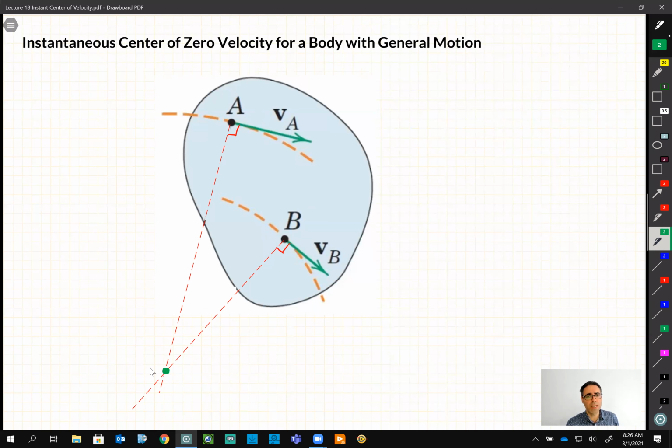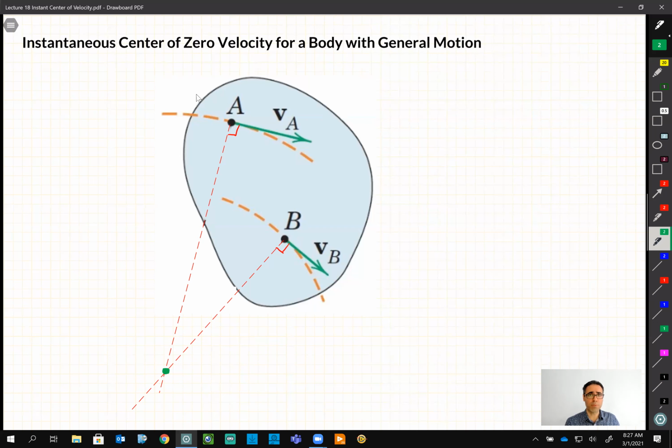Again, it is important, and I want you to pay careful attention. We have a rigid body moving in a general motion, so it's not rotating about any point. But for a very short period of time, if we look at just one point of it, point A has to move around a circle because it is on a curve, and that curve is part of a circle which has a center.